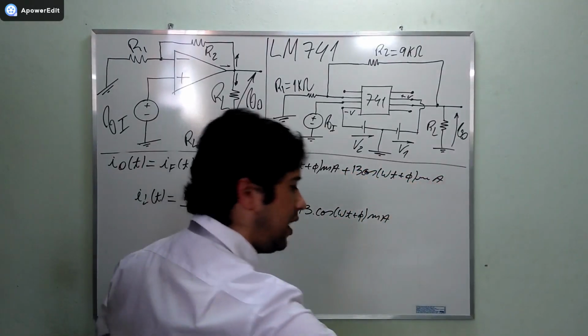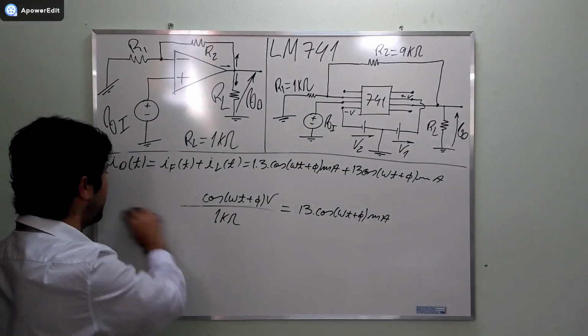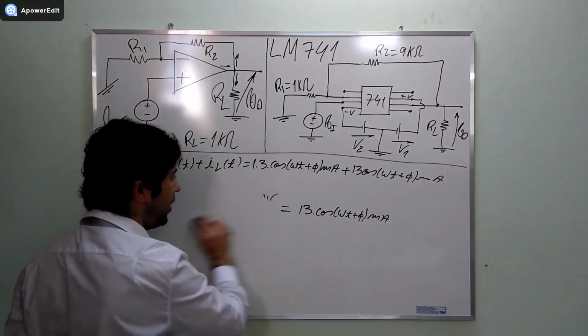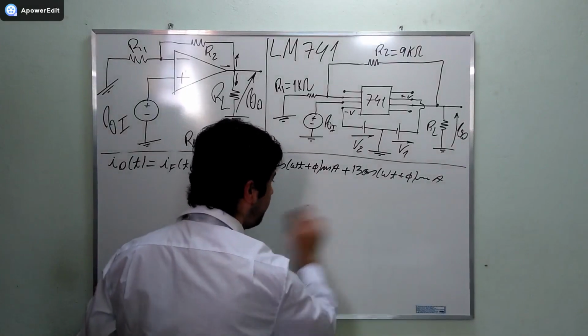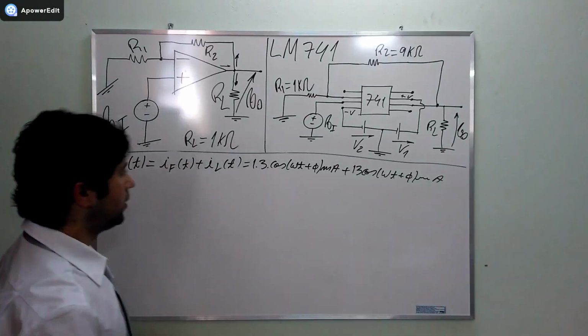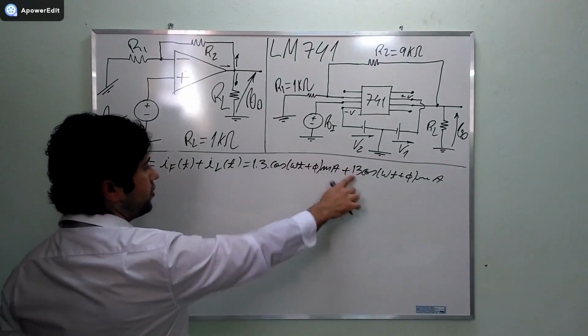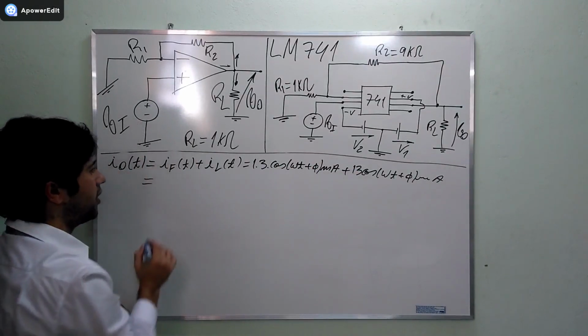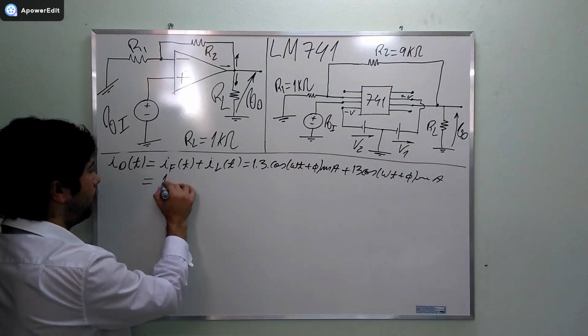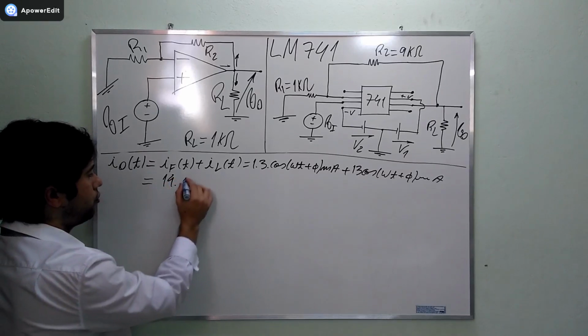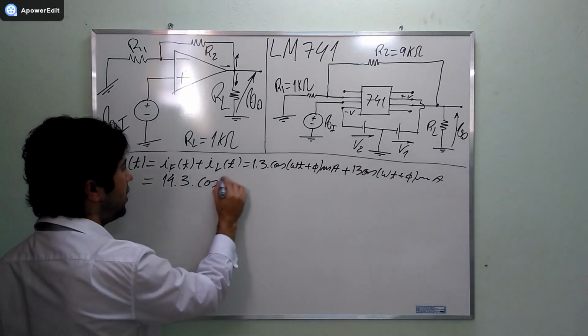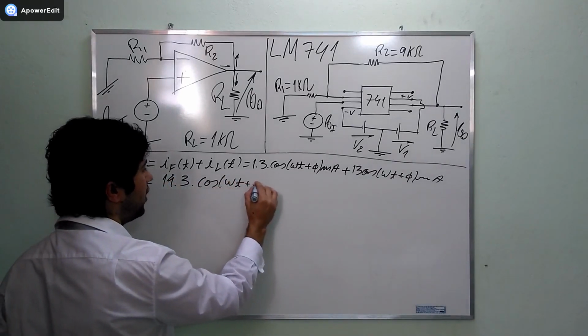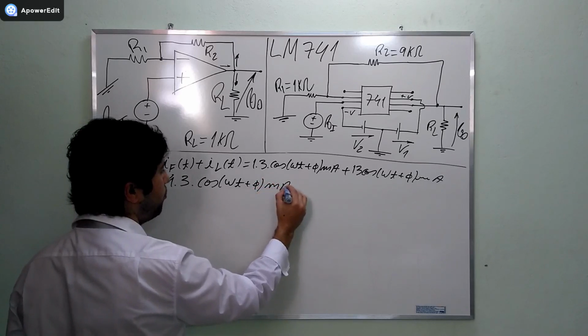Okay, we are almost finishing. Hold on, be patient, we are almost finishing. Okay, then 1.3 plus 13 gives us the current of 14.3 times the cosine Wt plus phi milliamperes.